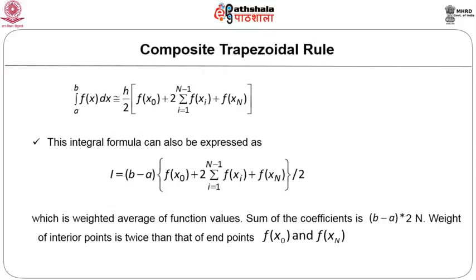So this becomes (b minus a) times the bracket f(x0) plus 2 times sigma i equal to 1 to n minus 1 of f(xi) plus f(xn), divided by 2n. The sum of the coefficients in the numerator is 2n and the denominator is also 2n. This looks like a weighted average of the function values at some chosen points within the interval.